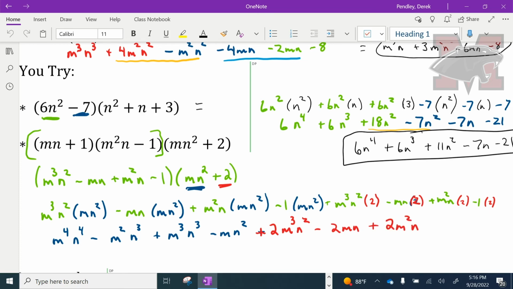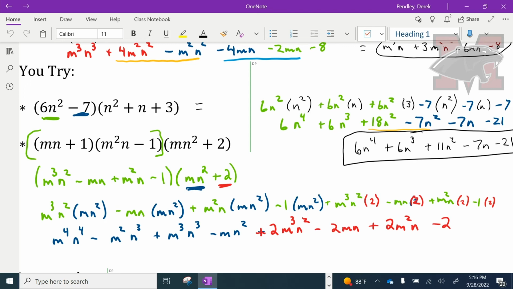So let's see which like terms we collect. So if I look at the red ones, there are no m cubed n squareds, so I can't combine that. There are no mn's, and no m squared n. So this is your polynomial.